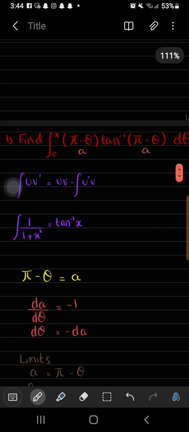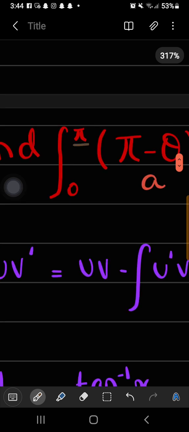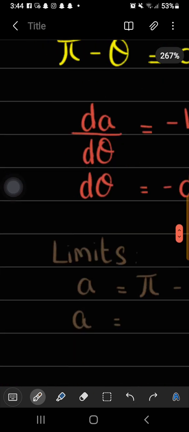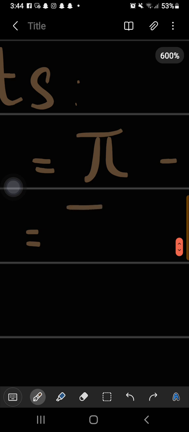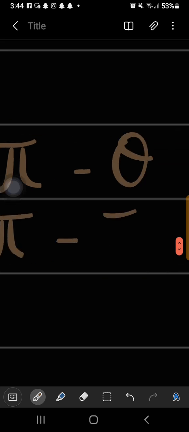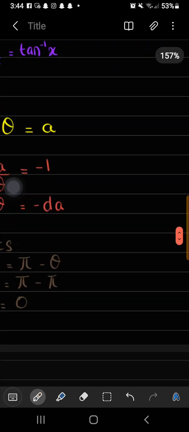Okay, if we insert pi in this, pi minus pi will give me a is equal to 0. So our first limit will be 0.